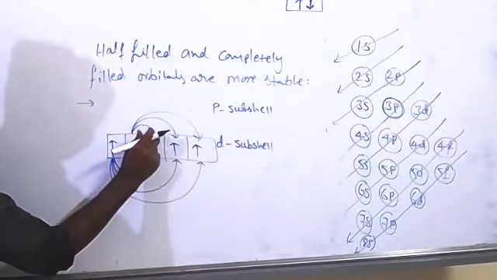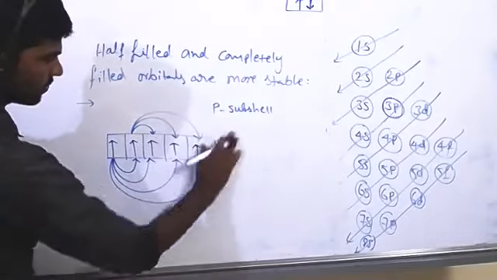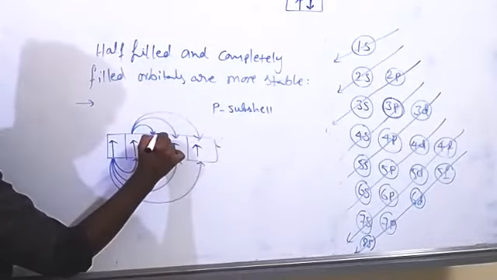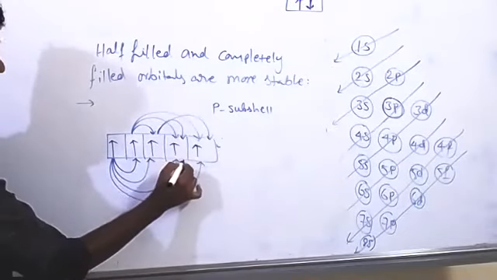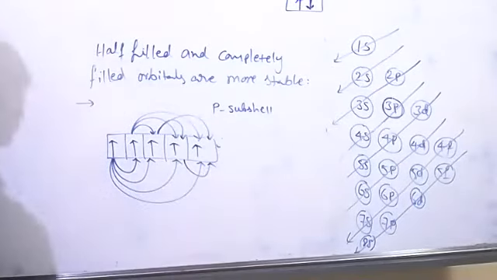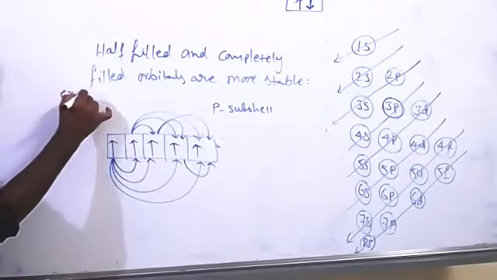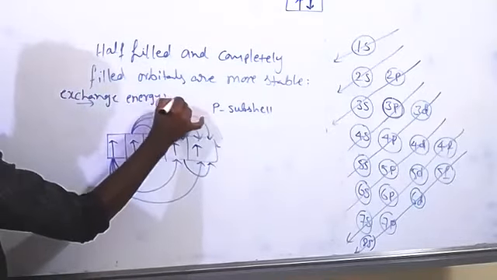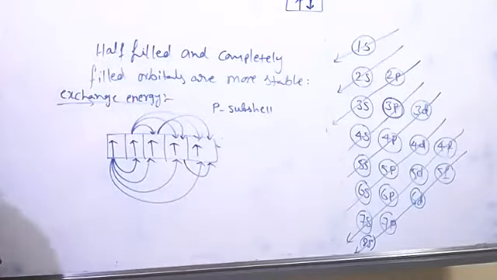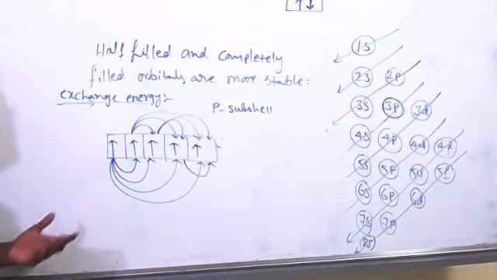Next, this electron can exchange with this electron and this electron. And this electron can exchange with this one. This is called exchange energy. One is due to symmetry of orbitals, another one is exchange energy. If exchange energy increases, stability also increases.